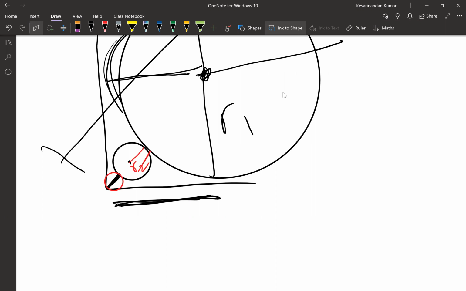X plus 2R1 plus 2R2. We can use this approach. X plus 2R2 plus R1 will be the hypotenuse, and remaining we know the X plus 2R2 plus R1 plus R1.